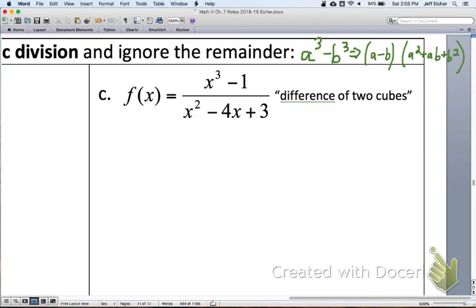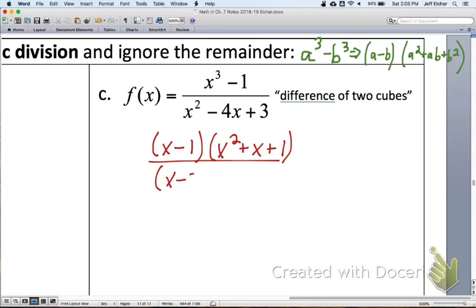So we can factor this numerator to be x minus 1 times x squared plus 1 times x plus 1 times 1. And the denominator we can factor to be x minus 3 times x minus 1.